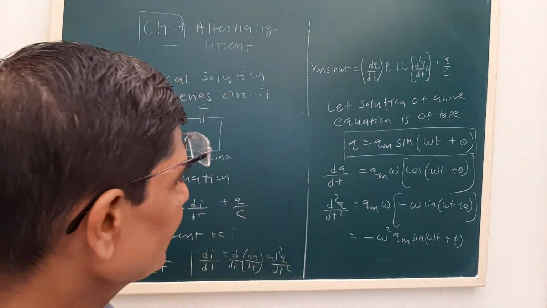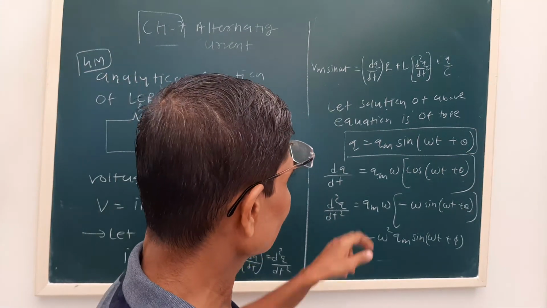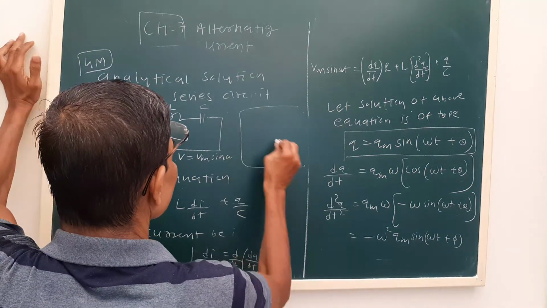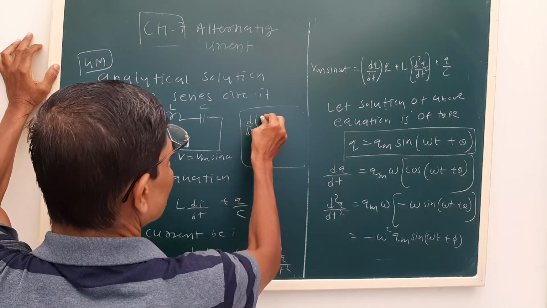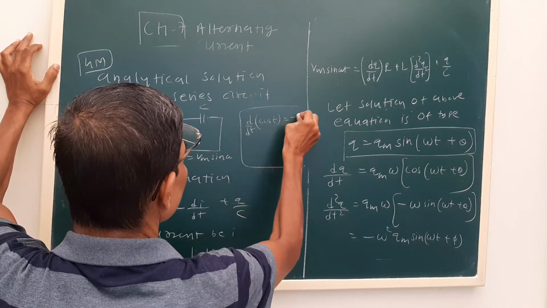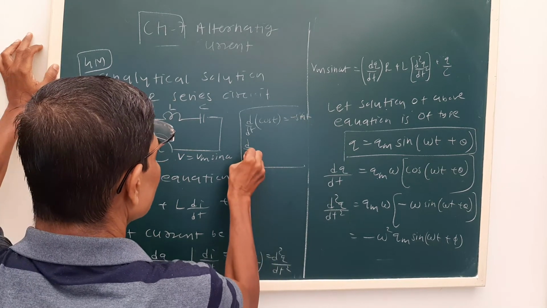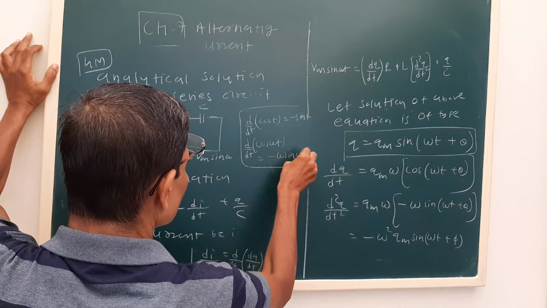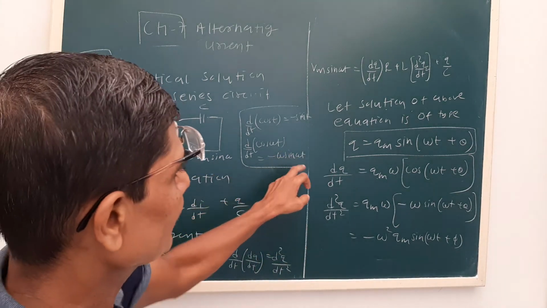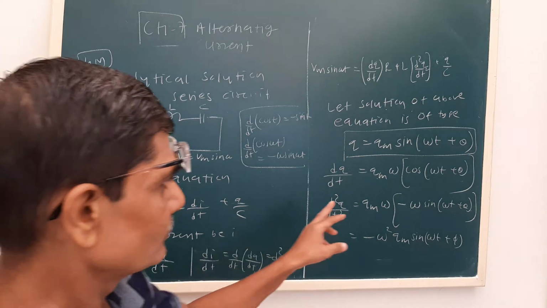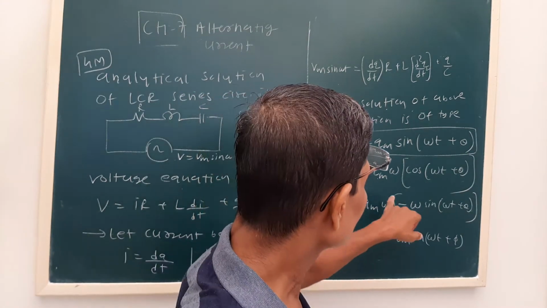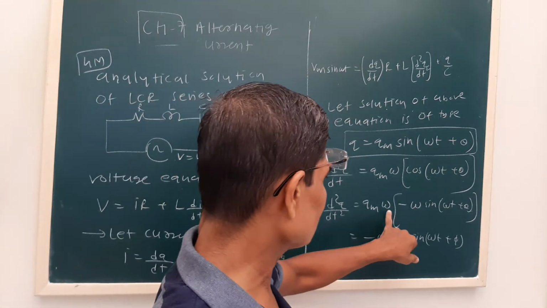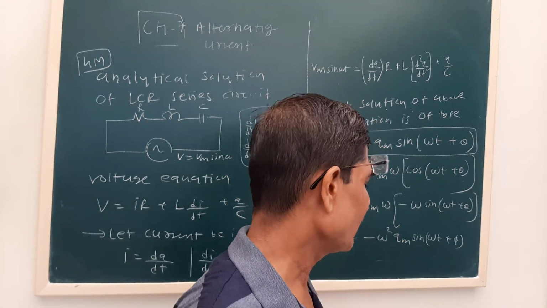Now the second derivative, d square q by dt square, we differentiate again. d by dt of cos t is minus sin t, but d by dt of cos omega t will be minus omega sin omega t. So with qm omega there, it will be minus omega square qm sin (omega t plus phi).